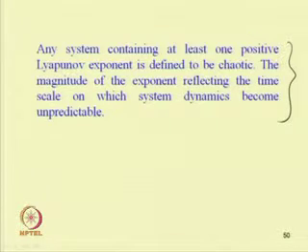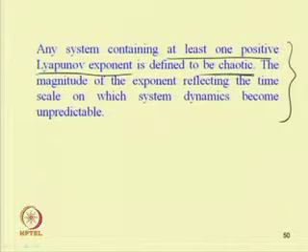One can observe also that any system containing at least one positive Lyapunov exponent is defined to be chaotic, the magnitude of the exponent reflecting the time scale on which the system dynamics becomes unpredictable. So, in case of chaotic response, at least one of the Lyapunov exponents will be positive.